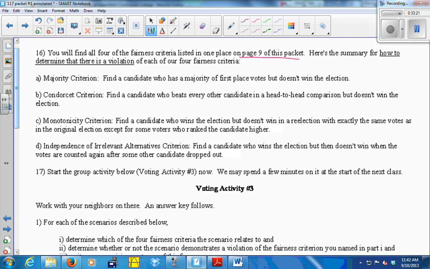For Condorcet, you must have an undefeated candidate, undefeated in head-to-head matchups, who doesn't win. For monotonicity, you have to have a candidate who wins in one election and doesn't win in a re-election, even though the only changes for that candidate were positive. And for IIA, you have to have a candidate who wins, but then doesn't win when the votes are recounted after someone drops out. So that's just a little summary of how to identify a violation of a fairness criterion.